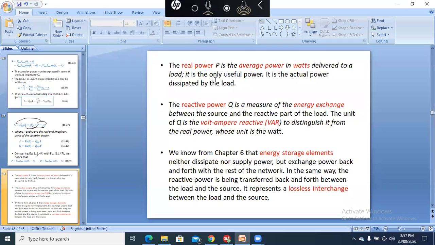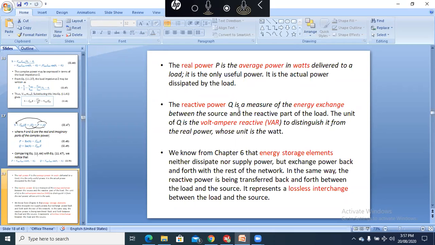So why do we call it real power? Because that portion of the power is the useful part of the power, and that much power is actually dissipated across the load.